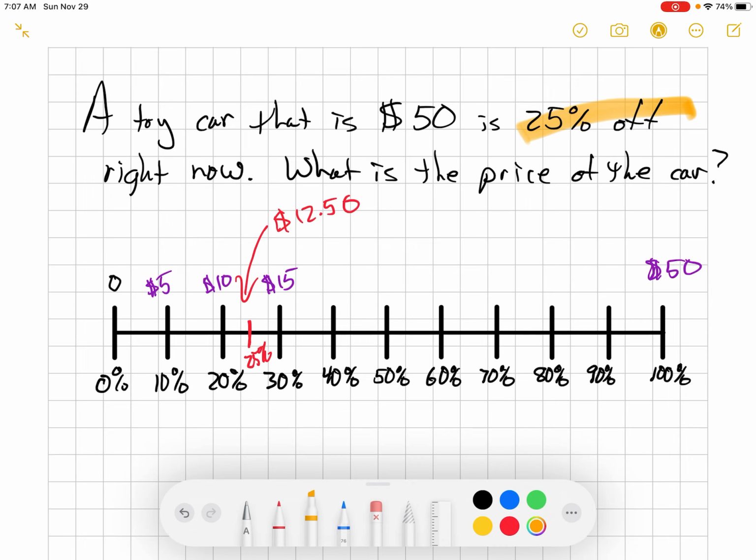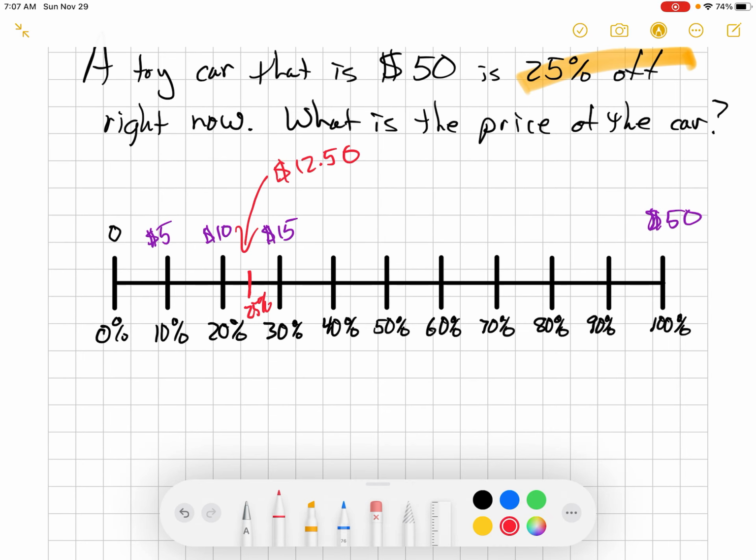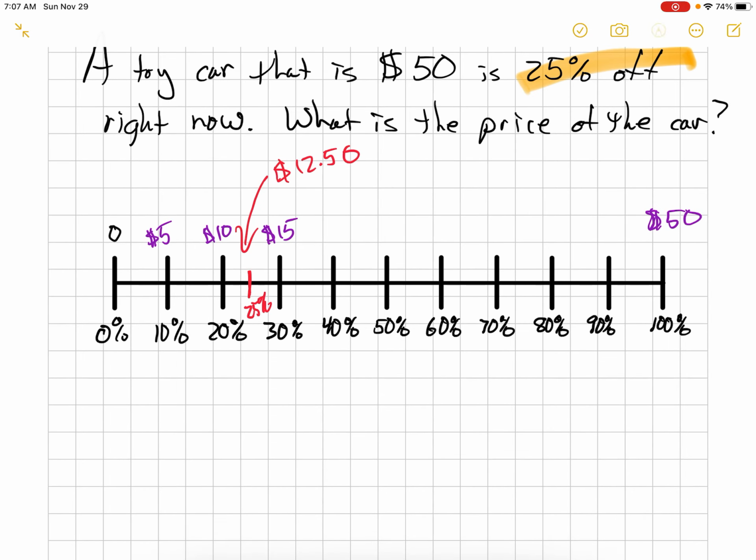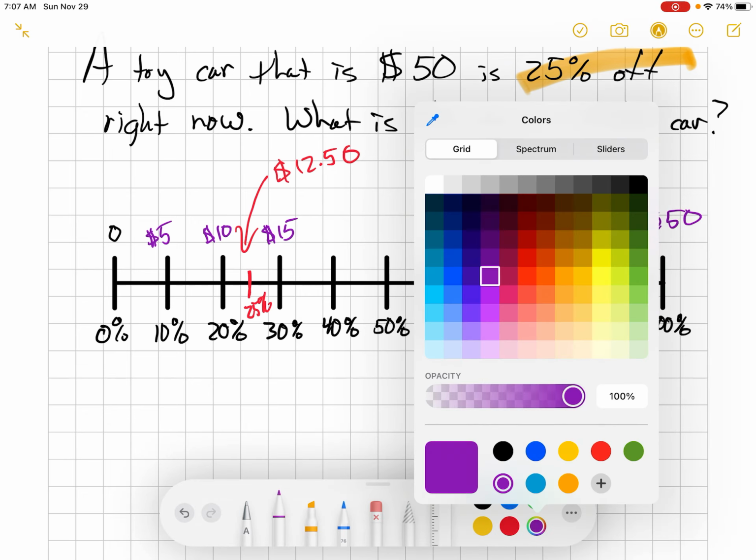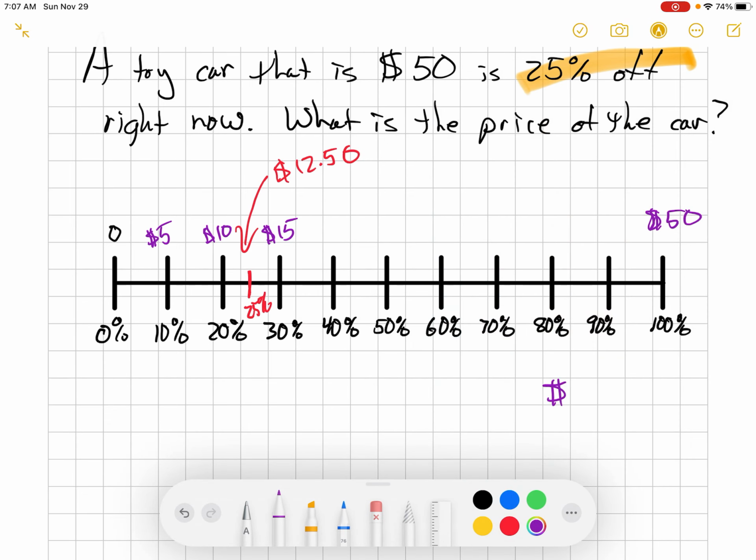All right, so if my real price is $50, and 25% off, I'm going to take away 25%, and I could subtract that. Whoops, I didn't write the 50 in there. Sorry about that.